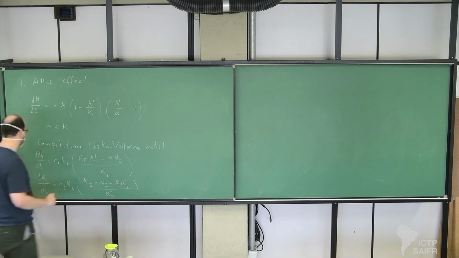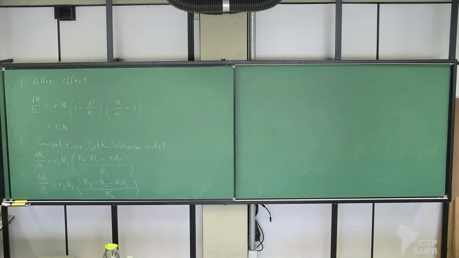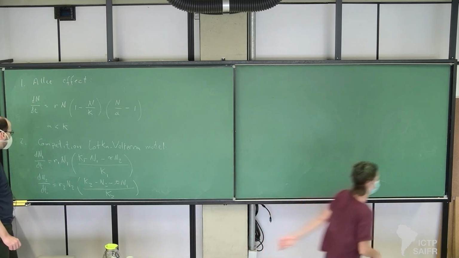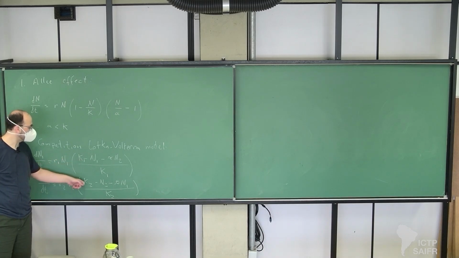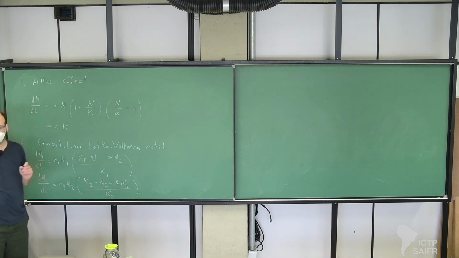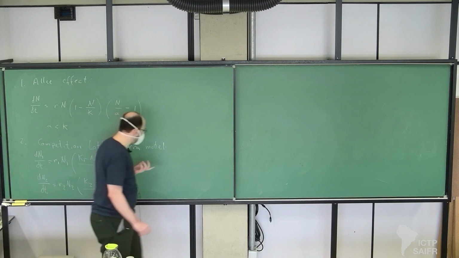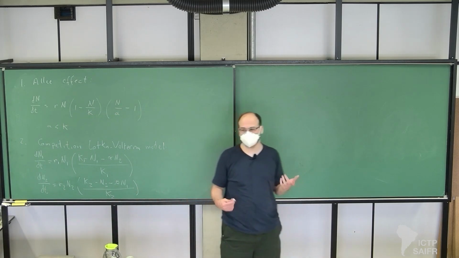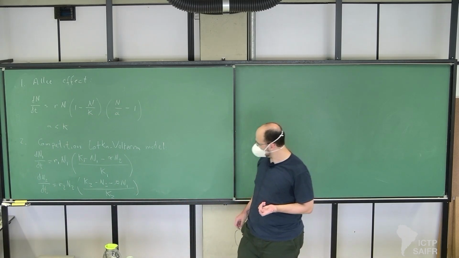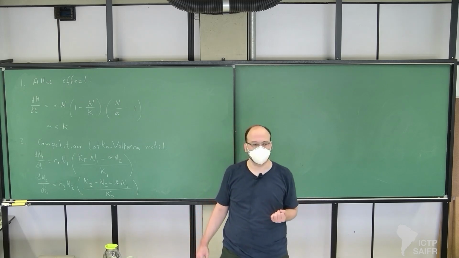Right? So this is a set of two differential equations, but now you see we have 1, 2, 3, 4, 5, 6 parameters, okay? Six parameters. Exploring six different parameters is already quite uncomfortable.